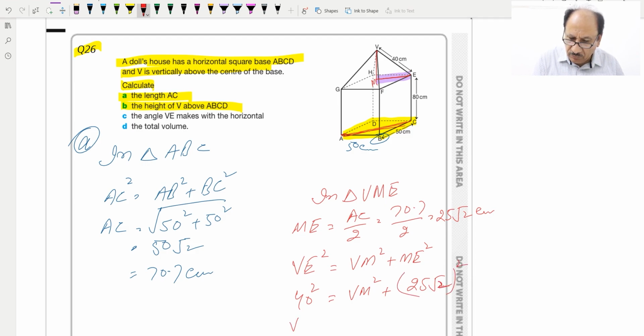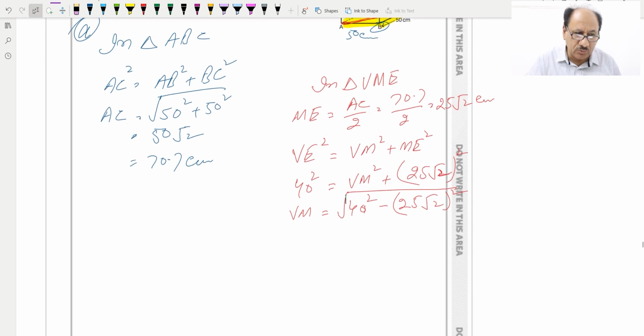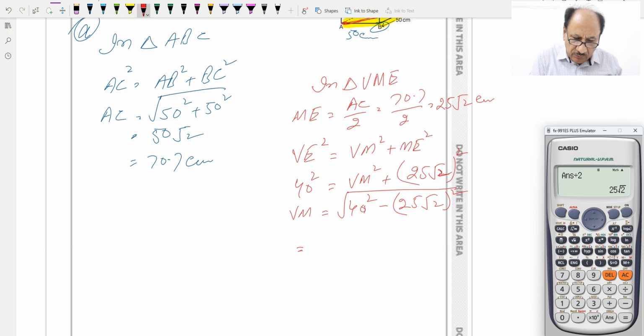So VM will be equal to the root of 40 square minus 25 root 2 square, and then we can find this with the help of a calculator.